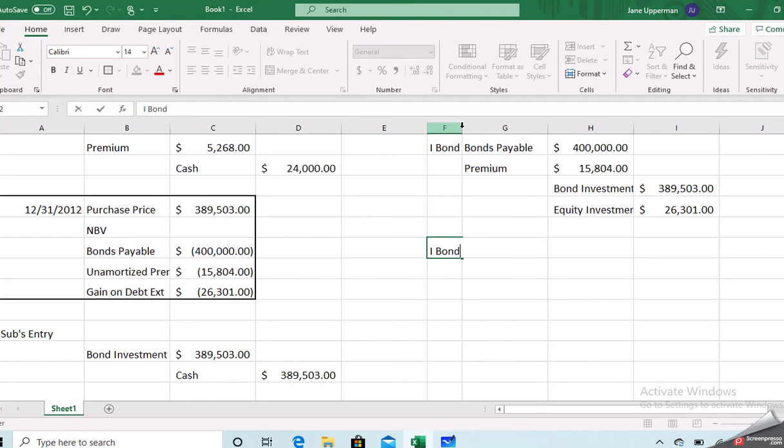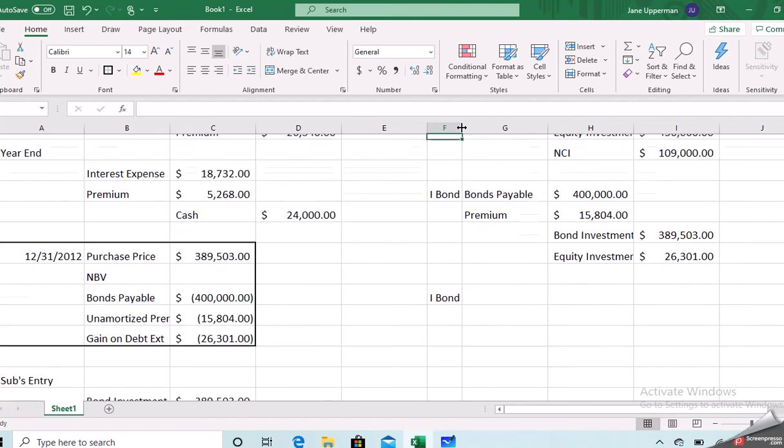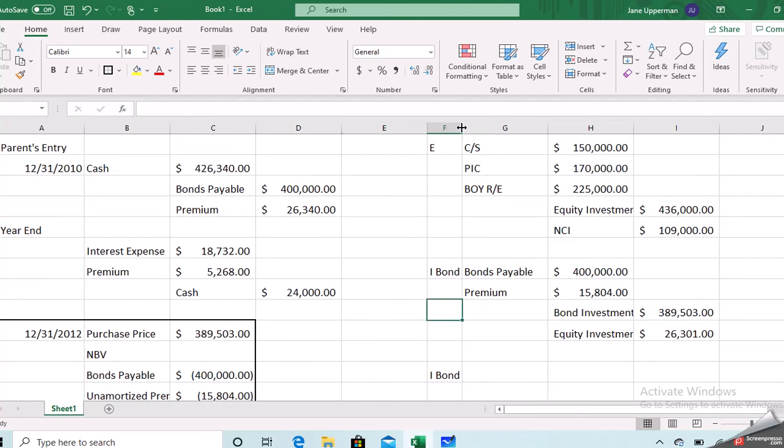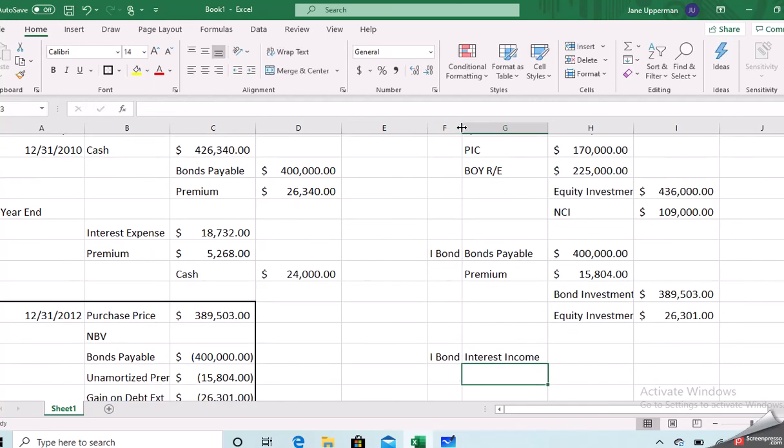Then I come down and you'll see a lot of these accounts are the same though, which is why the book puts them together. Now I look at the year-end entries and say, okay, now I got to deal with this interest expense and this interest income. So I start there to say, well, I need to take the interest income off of my books. So that's going to be my first debit.